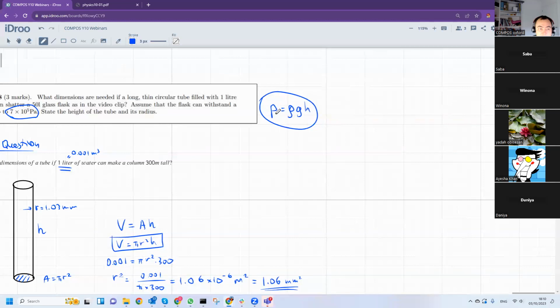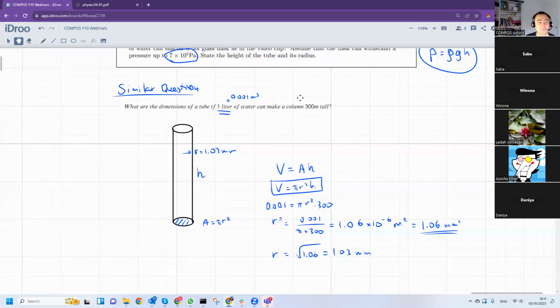So pressure at the bottom is equal to density multiplied by gravitational field strength multiplied by the height.